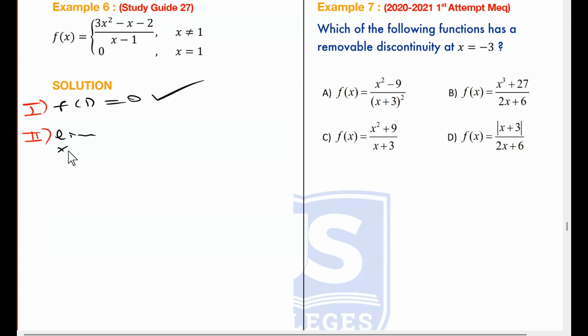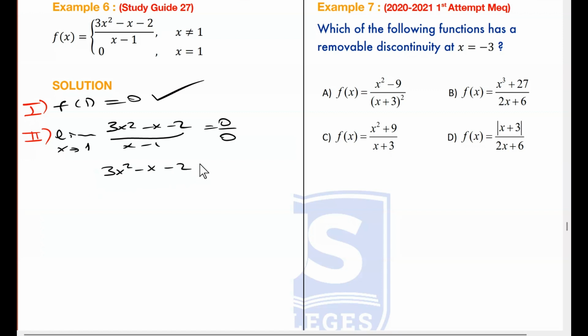So the limit as x approaches 1 of this function, 3x squared minus x minus 2 over x minus 1. When I insert 1 back, I'm going to get 0 over 0. So by either using L'Hopital's or simplification methods, we're going to solve this limit question.